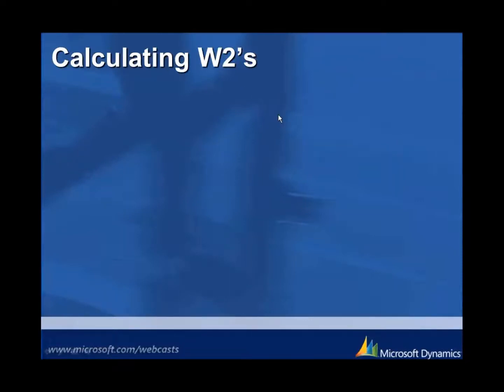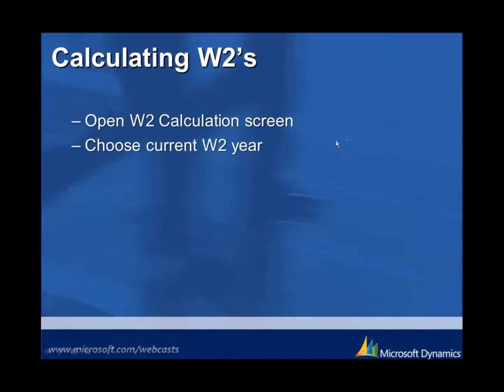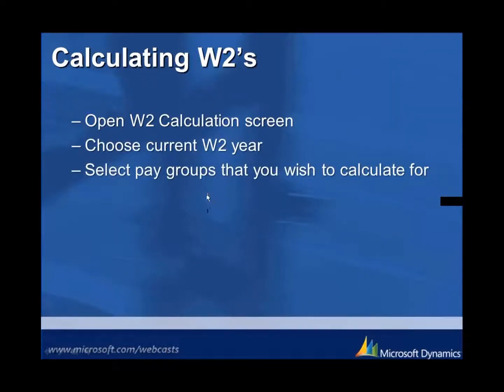Now, with that being said, once the installation is completed, we're going to do the calculation of W-2s. What we need to do is open up the W-2 calculation screen. We choose the current W-2 year, and I'll have a screenshot here in just a little bit. We select the pay groups that you want to calculate the W-2s for.